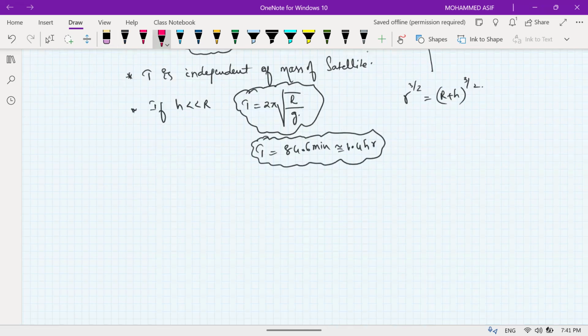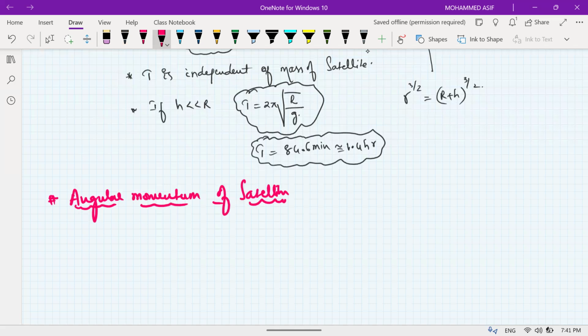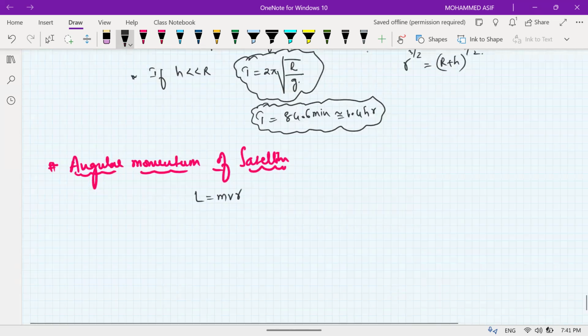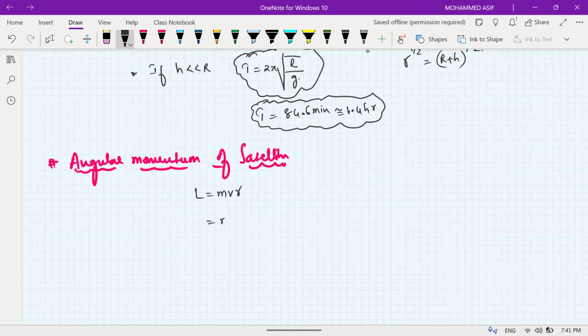What is the angular momentum of the satellite? Anyone? Angular momentum of satellite. Angular momentum is given by the formula L, L is equal to m into v into r. So that is equal to m into v, where v is under root of g into M divided by r, the orbital velocity, multiplied with r.